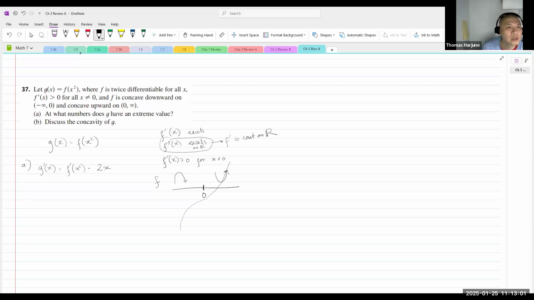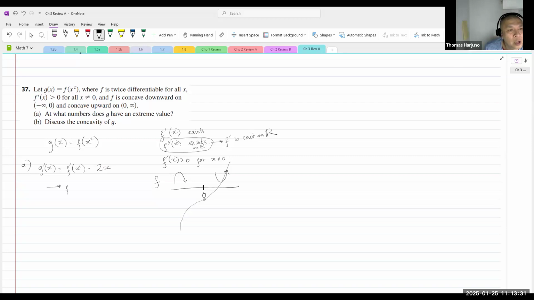So when will this function have extreme values? Concave down, concave up, 2x, f prime x squared 2x. Extreme values means the first derivative equals 0, right?